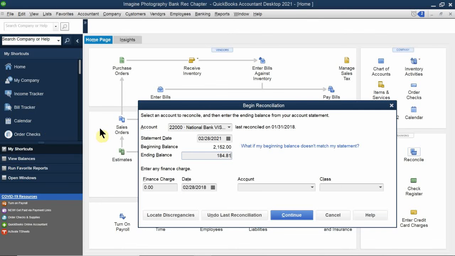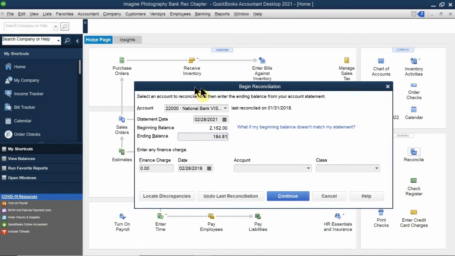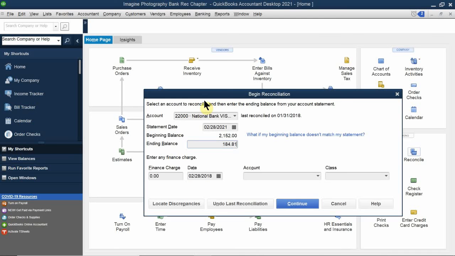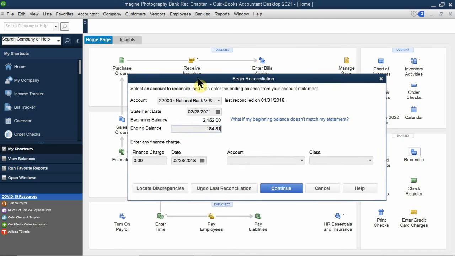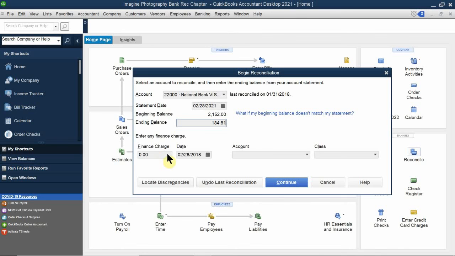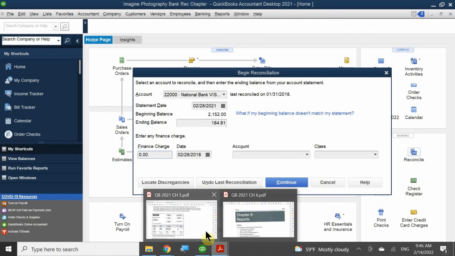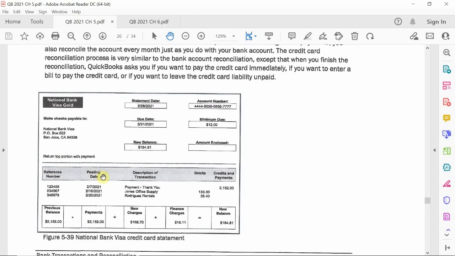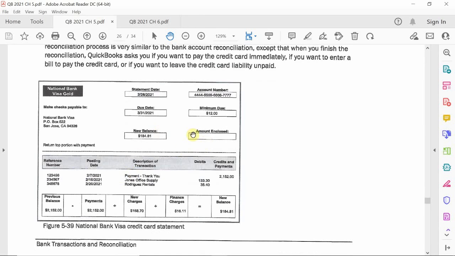Now, same thing here, because when you have a credit card, you're going to be receiving interest charges. So how much was my interest for this credit card? Interest will tell you in one of these boxes, so let me locate it. Okay, it tells you your minimum payment is this.